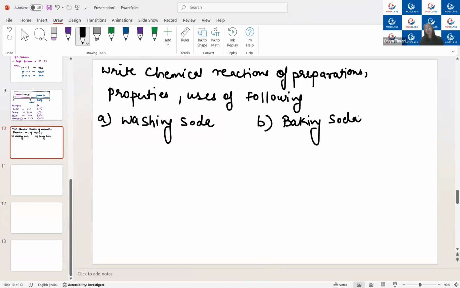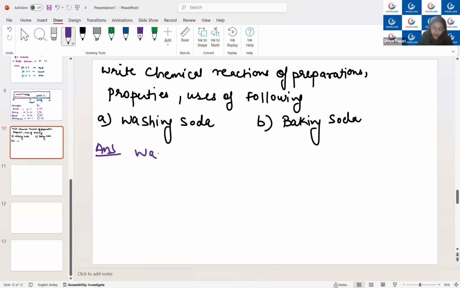You have to write down the chemical reaction for the preparation of washing soda as well as for baking soda. You have to write down the properties of washing soda and baking soda, and then you need to write down the uses of each. Okay, so we will proceed to the solution.